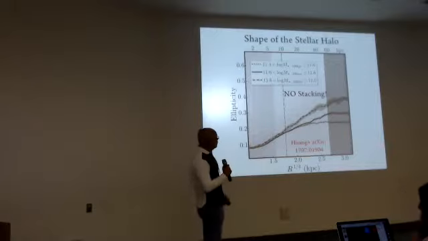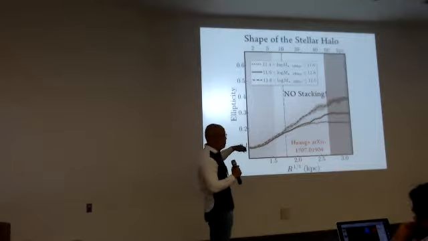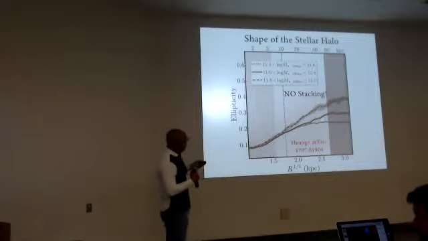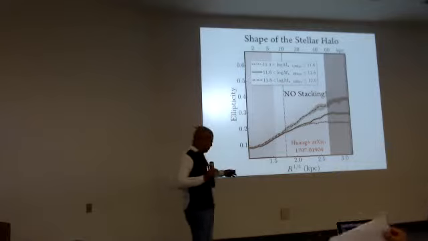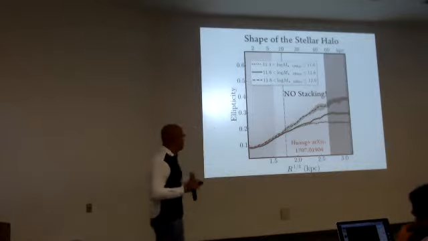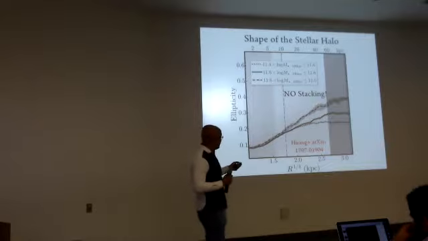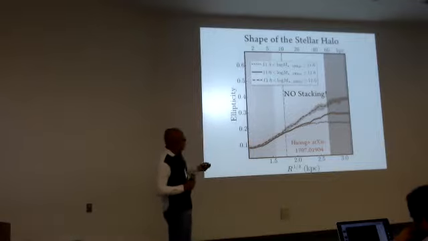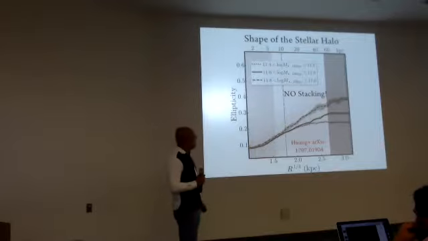The interesting result is that not only does the stellar mass density profile depend on stellar mass, the average shape of the halo also depends on stellar mass. The more massive you are, the more elliptical your stellar halo becomes. And again, I should emphasize that we are not using any stacking, so any scatter and trend here are not limited by the stacking technique.